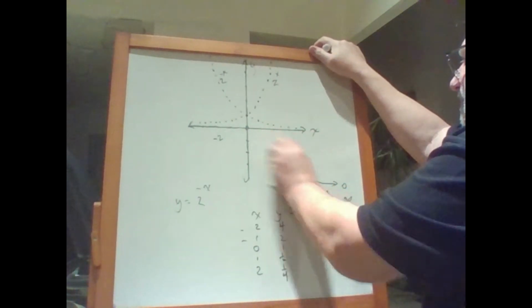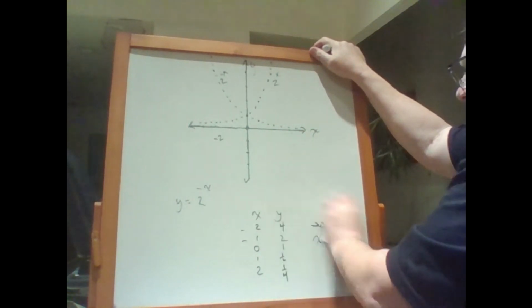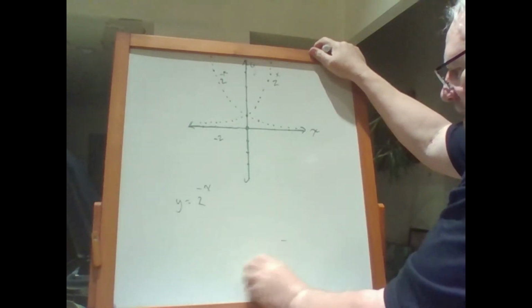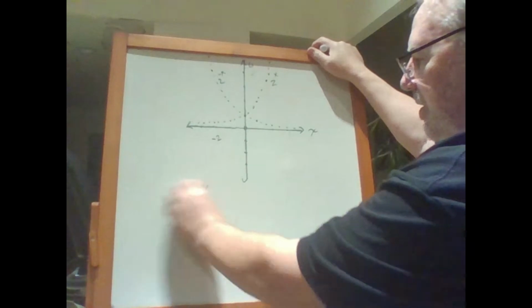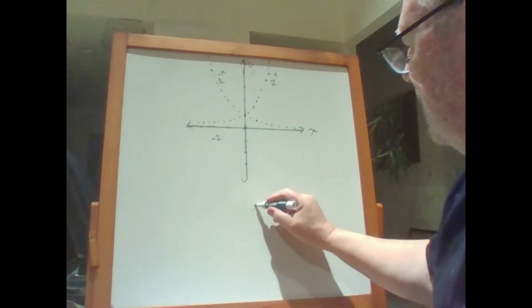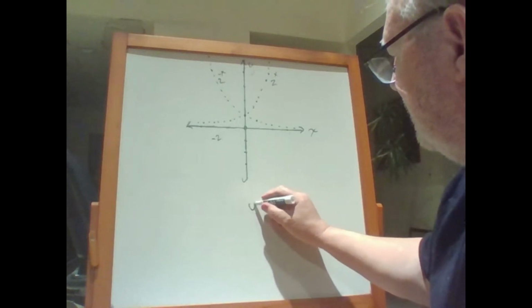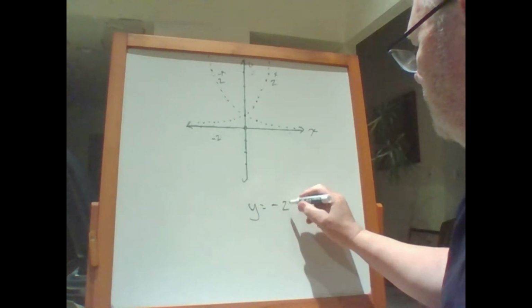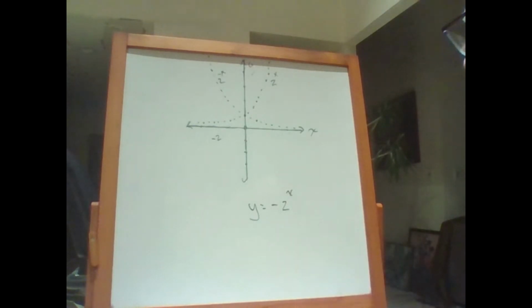Now, what if it was y equals minus 2 to the x?